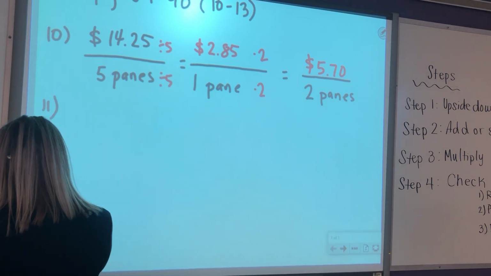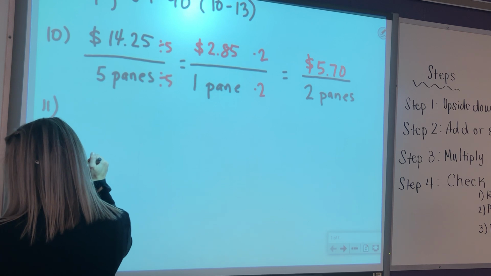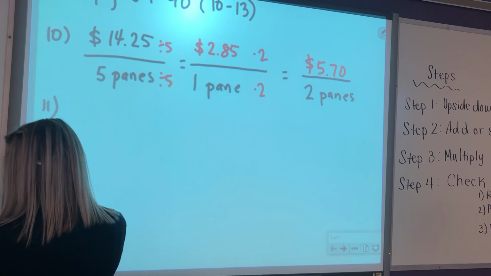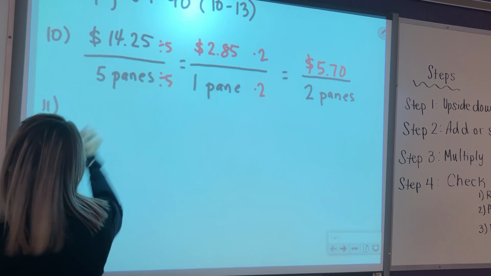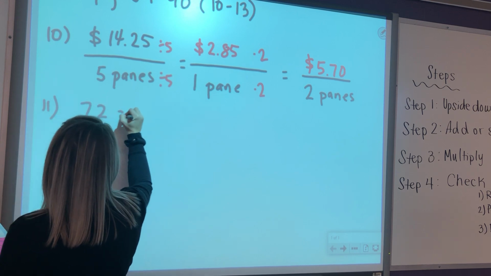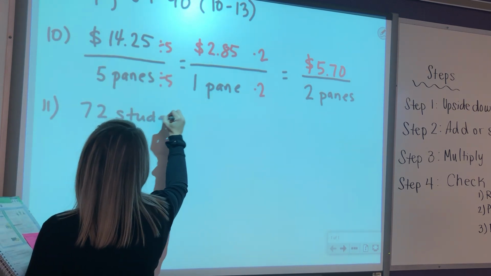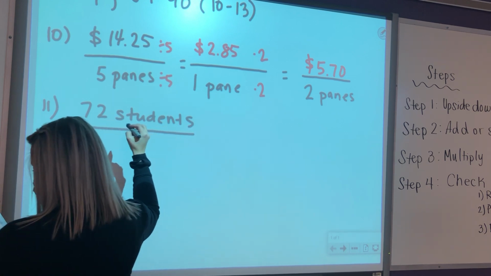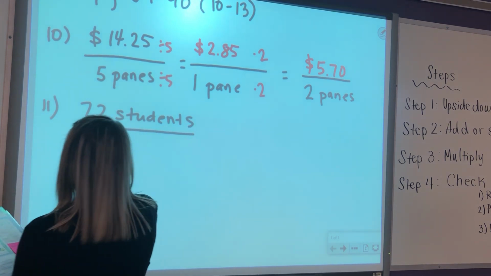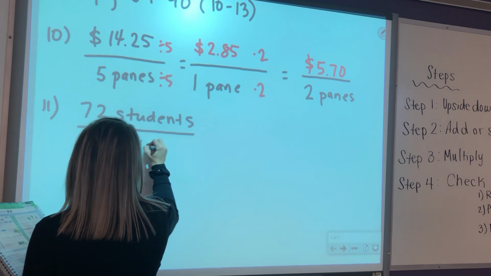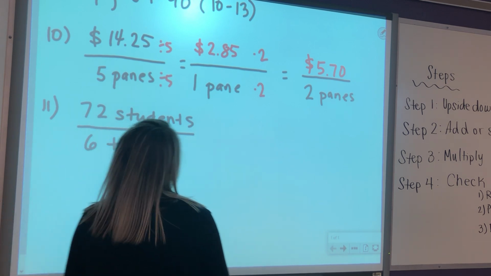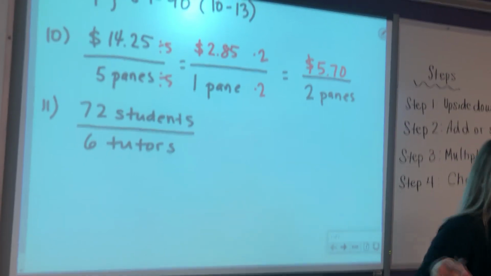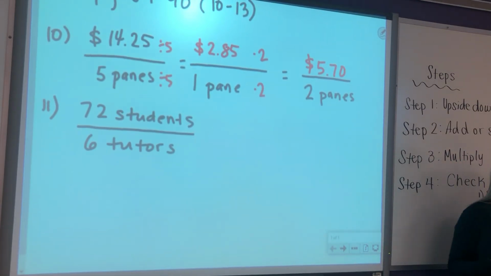So we have 6 tutors for every 72 students, right? That's a lot of students. I don't want 72 students. How many students do I want?